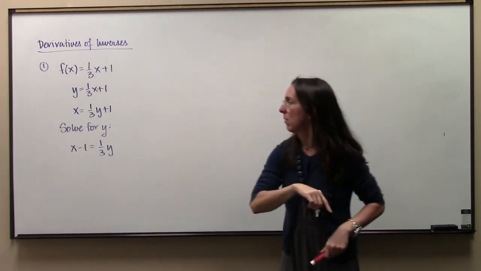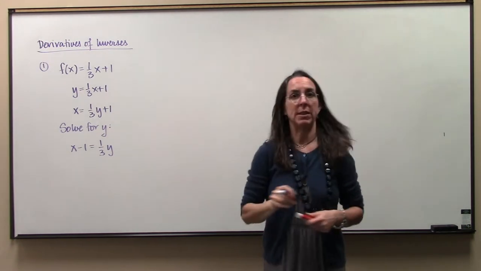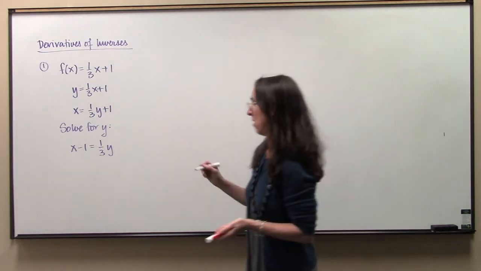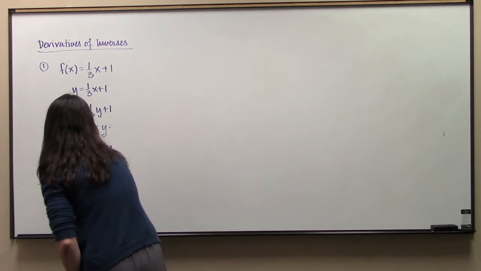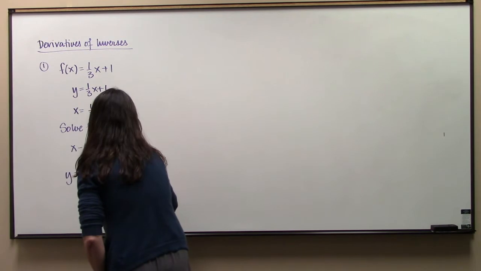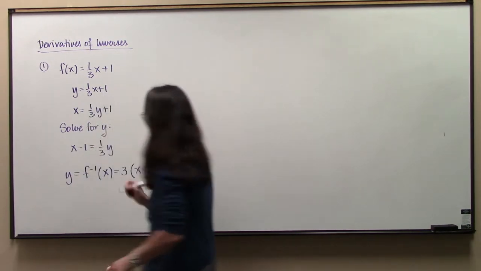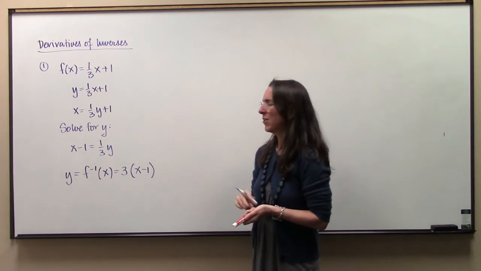So if we subtract the 1 over to the left, we get this. And then I guess we need to multiply everything by 3 in order to solve for y. So the inverse looks like this. Do you remember this?